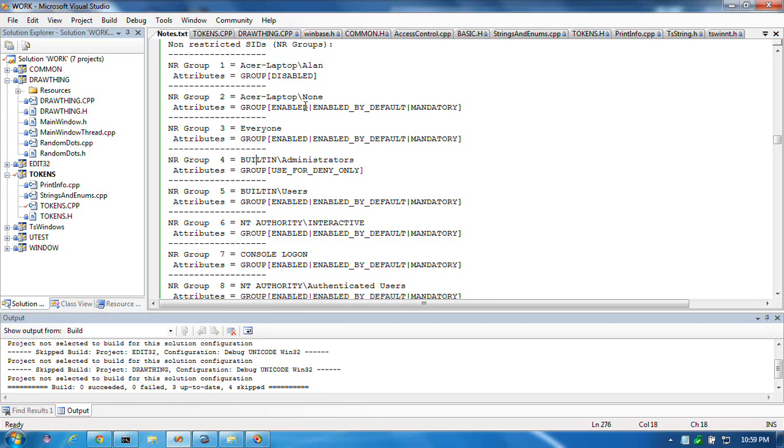However, this association is not enabled. This association is only used for denial and can never be enabled.